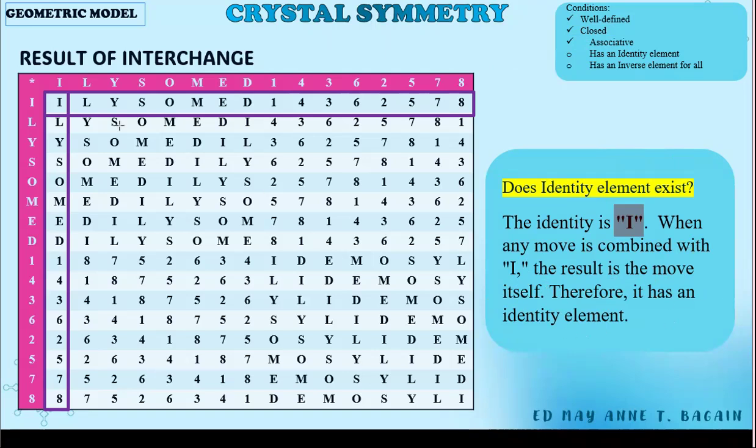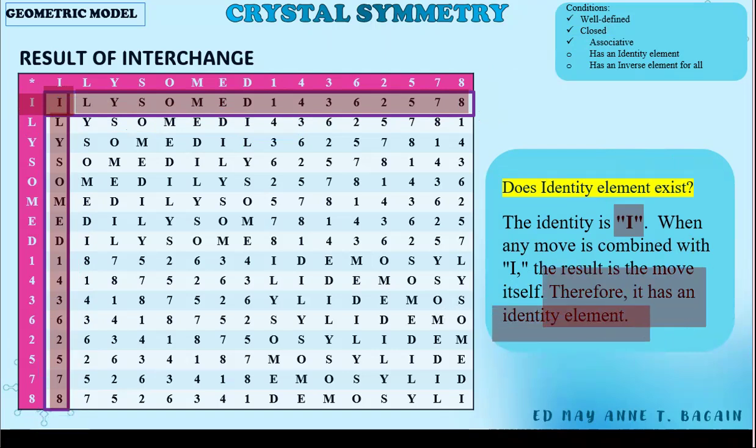Therefore, it has an identity element. We know that this one is the identity element because everything that you combine with this I move, which is do nothing, the result will be the element that you combined it with. Therefore, it has an identity element.